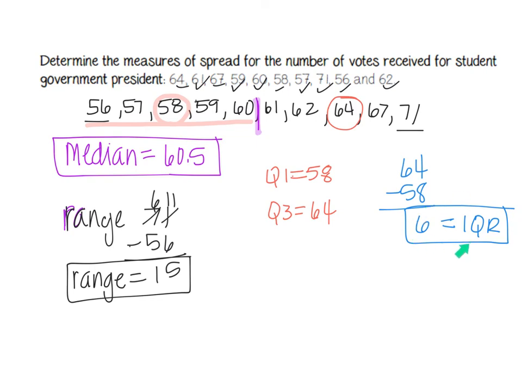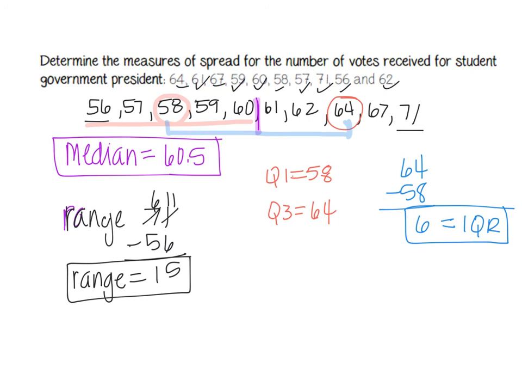And this IQR lets me know the difference between these two. So in a number set of 10, a difference of 6 between the middle values is not that bad. So when we're talking about the IQR, we're talking about these guys right here, and the difference in that spread there. And so what this does is it lets us compare different number sets, and it lets us understand what some numbers are telling us.